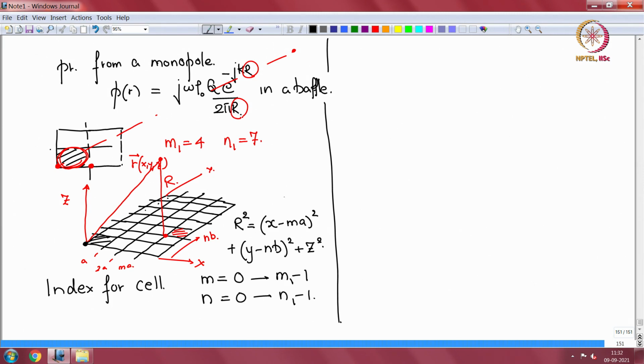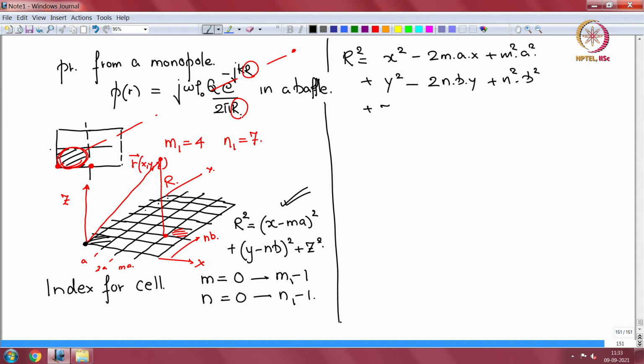So this happens to be my R squared. Let us expand it. R squared is equal to x squared minus twice m a x plus m squared a squared plus y squared minus twice n b y plus n squared b squared plus z squared.